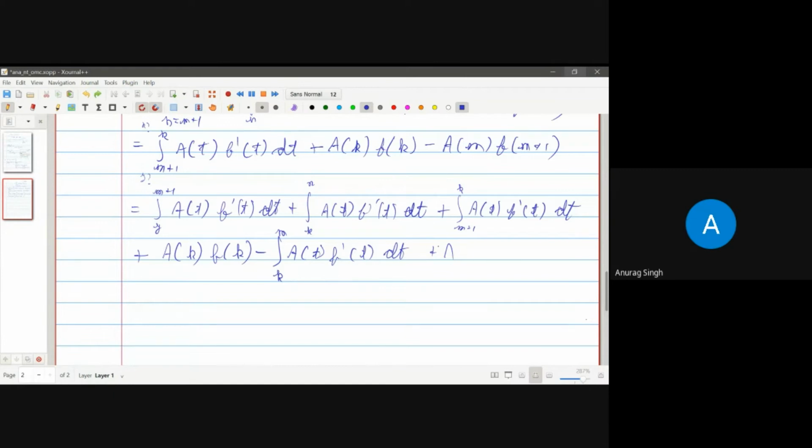Did you intentionally switch the m and k here? Wait, did I switch? Like in the last integral, did you do it intentionally? Right, I just realized this is supposed to be k to x, right? I added some terms over there. The first two terms were added, I'm subtracting them now. I'm supposed to be adding both the terms, right? Just making sure.